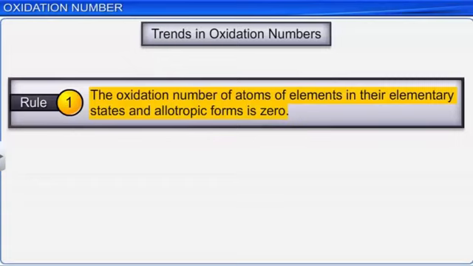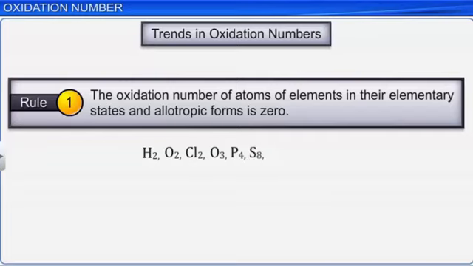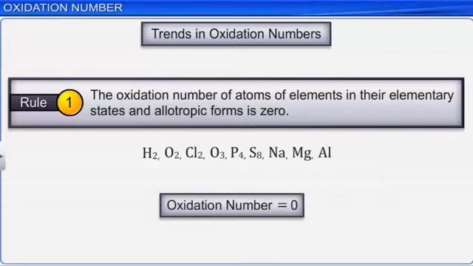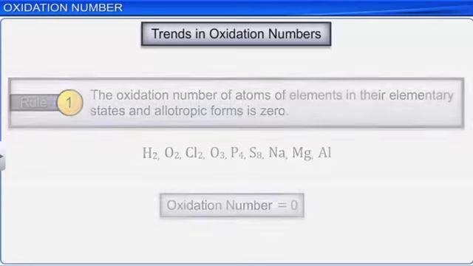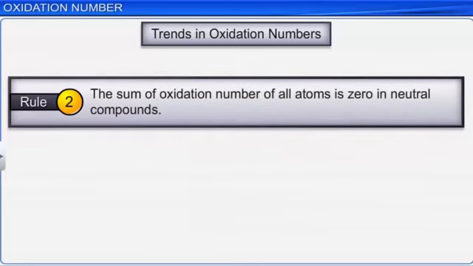For example, each atom in H2, O2, Cl2, O3, P4, S8, Na, Mg, Al has oxidation number 0. The second rule is that in neutral compounds, the sum of oxidation numbers of all atoms is 0. For example, in H2O, the sum of oxidation numbers of hydrogen and oxygen atoms is 0.